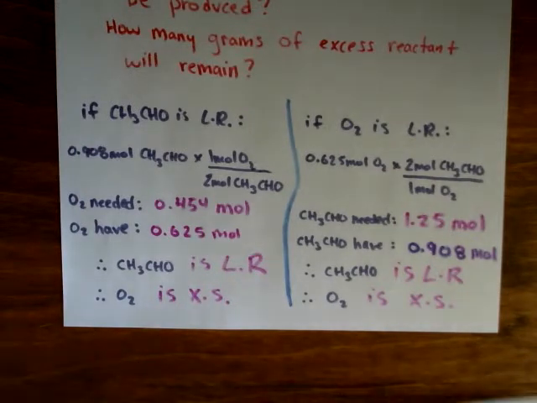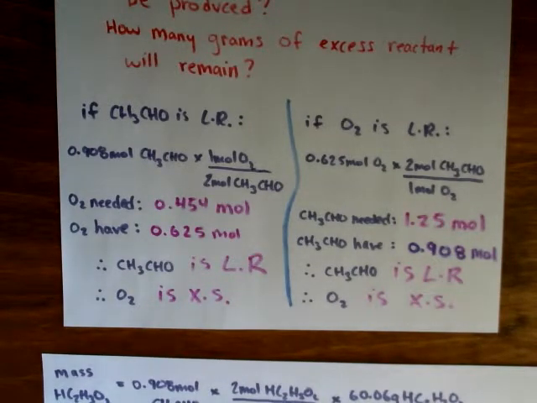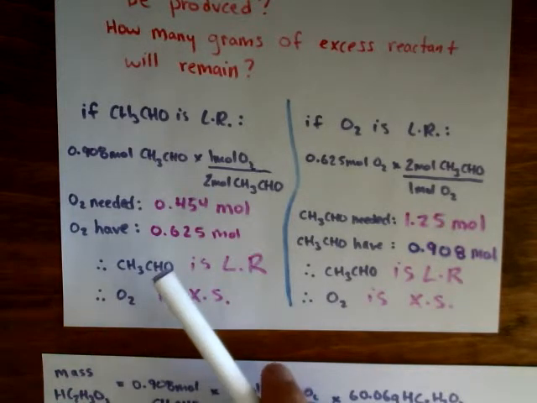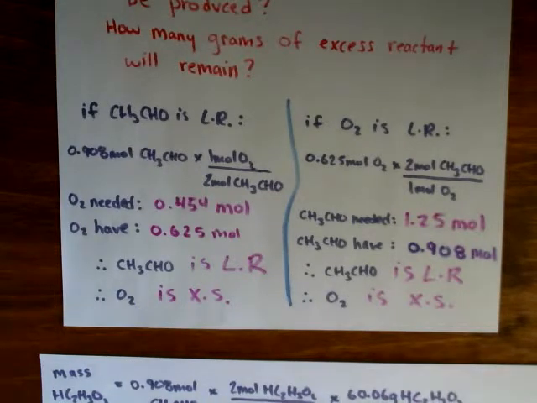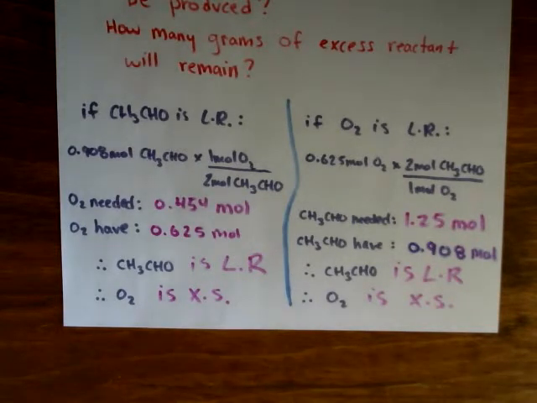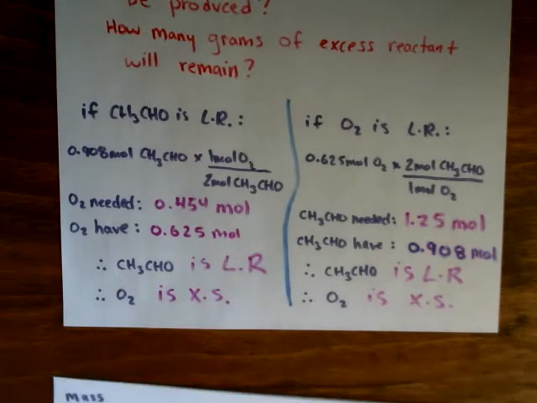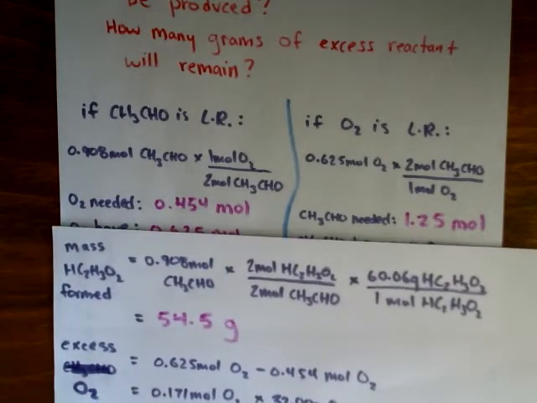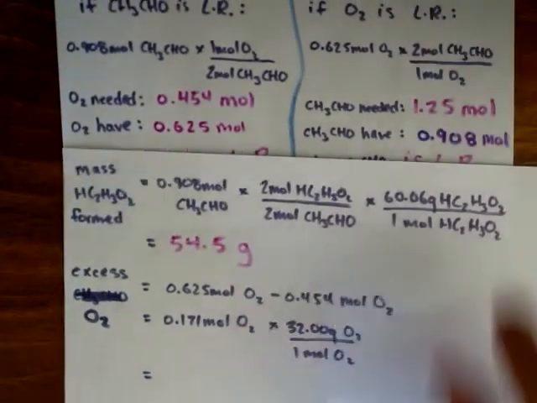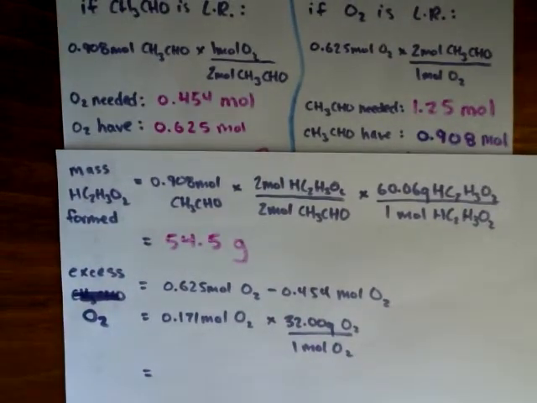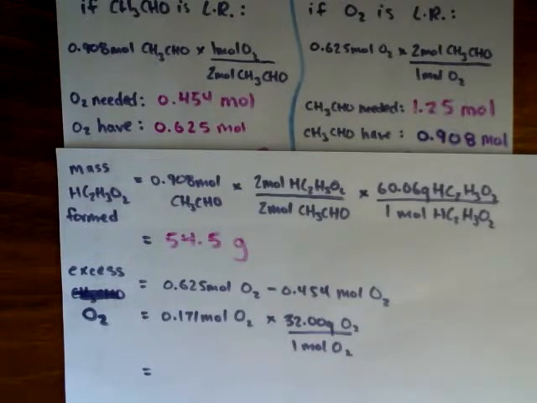And we see that we needed 0.454 moles of oxygen to completely react. But we had a lot more, so we take the difference between those two values. If we do that, we end up with 0.171 moles of O2 in excess.